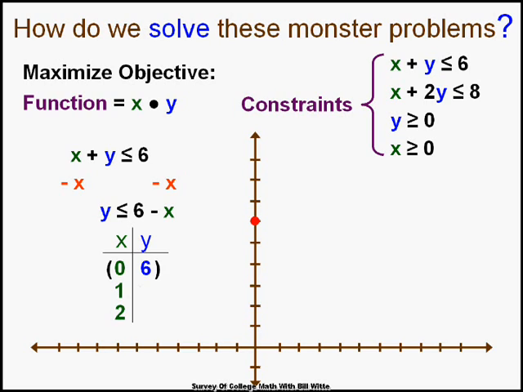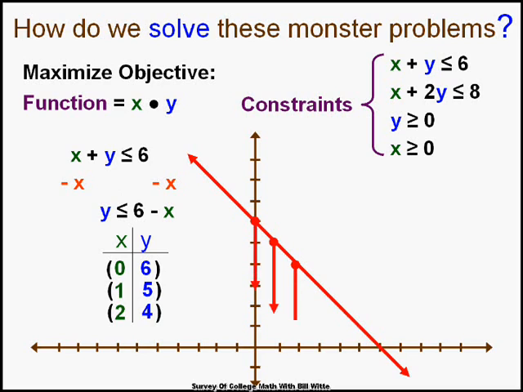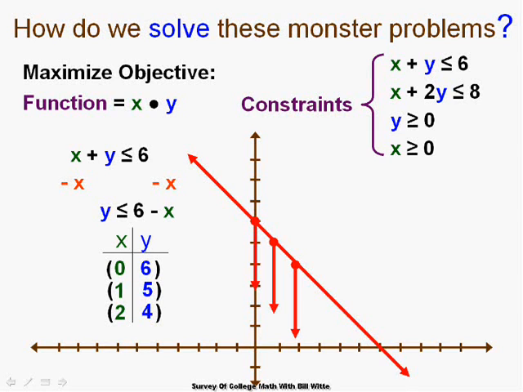If I put in a 1, 6 minus 1 is 5. And if I put in a 2, 6 minus 2 is 4. And there's my first line. And y is less, so I shade below. Okay, that's the first equation.